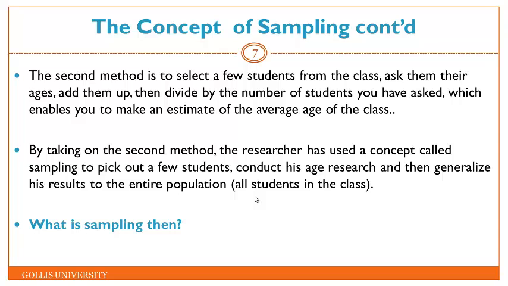Then the few you have selected, you ask them about their age, add their ages up, divide, and then you can make an estimate of the average age of that particular class.